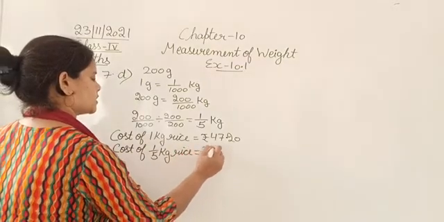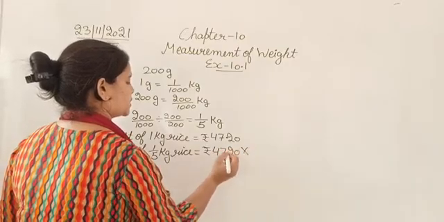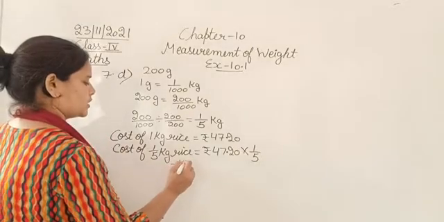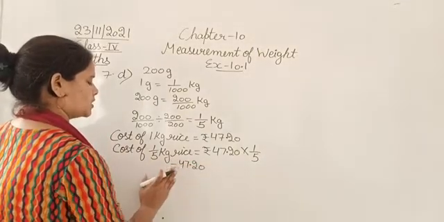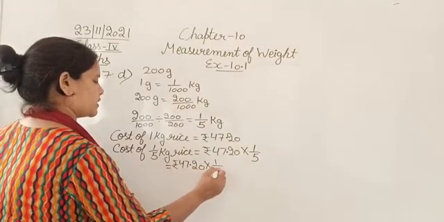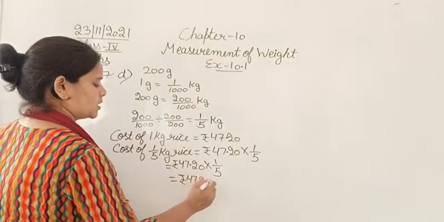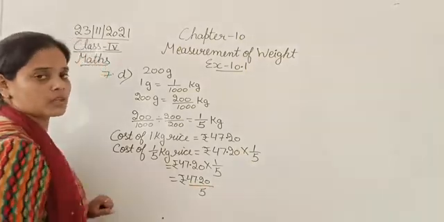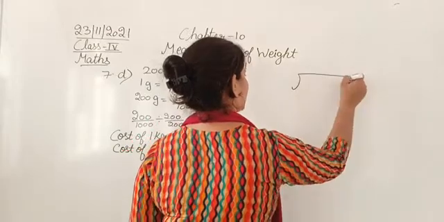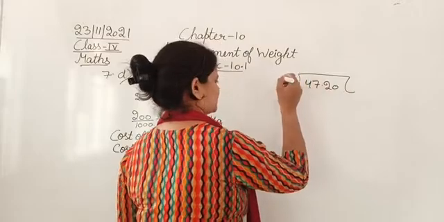That is, cost of 1 kg rice will be multiplied with the quantity, that is 1 upon 5. So 47 rupees 20 paisa multiply 1 upon 5. So this will be 47 rupees 20 paisa divided by 5. Okay. Now just simply divide 47 rupees 20 paisa with 5.